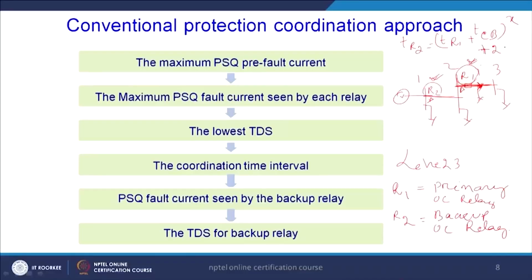So there is some overshoot time, which may sometimes be 20% of the sum of the time of operation of relay R1 and the time of operation of the circuit breaker. I just wrote this sum as X, and that will be my backup relay time of operation. This is the time of operation between the primary and the backup.